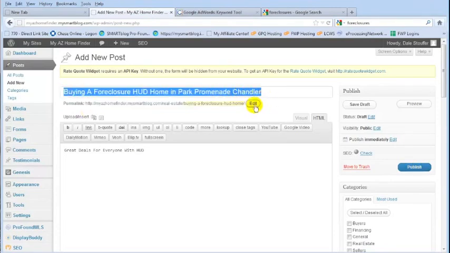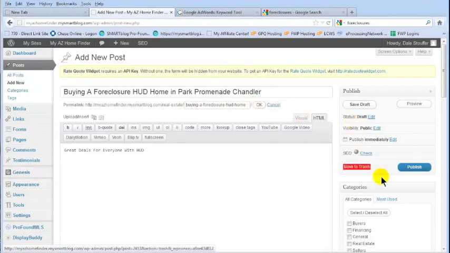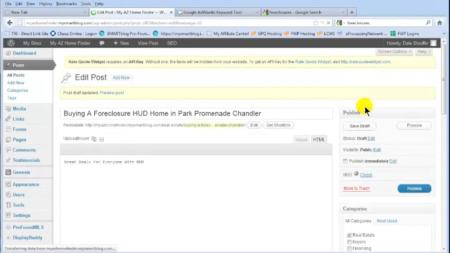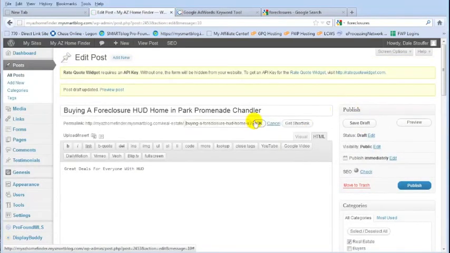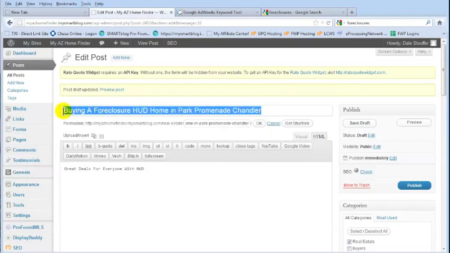Okay? So actually I'm going to save this as a draft to show you what happened. So if you notice, "buying a foreclosure HUD home in Park Promenade," this permalink will basically model after what you put in the headline.